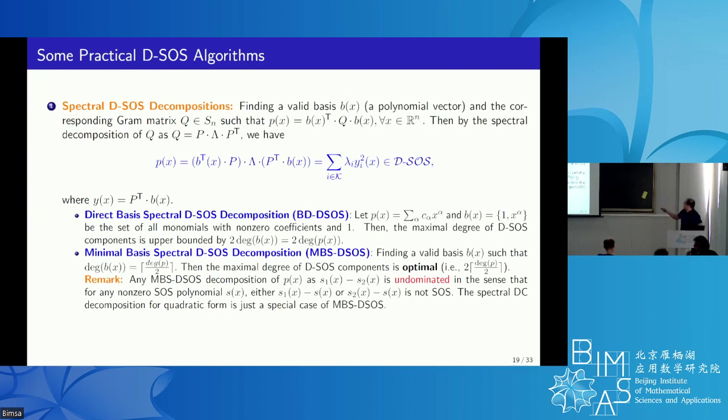Once we get a spectral decomposition of the matrix Q, the polynomial P can be written in different forms depending on whether the eigenvalue lambda i is positive or negative. Positive on one side, negative on the other. So this gives you a trivial view of how to extend from quadratic to any degree polynomials.